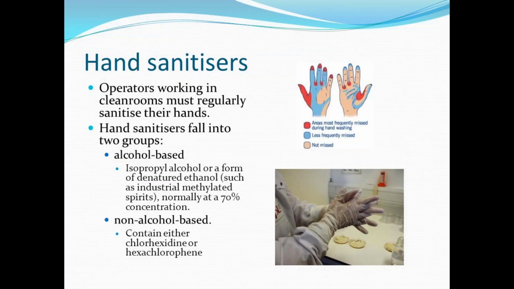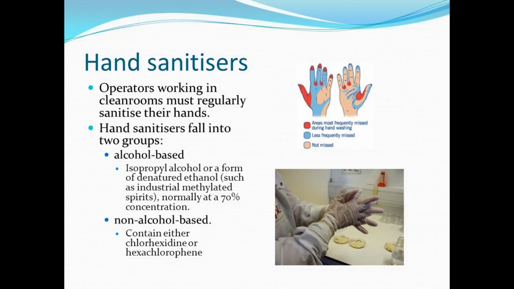Then there are hand sanitizers. It's important that operators working in clean rooms regularly sanitize their hands, and also do so prior to the commencement of each critical activity. Hand sanitizers generally can be divided into those that are alcohol-based and those that are non-alcohol-based. And probably it's the alcohol-based ones that are more common.